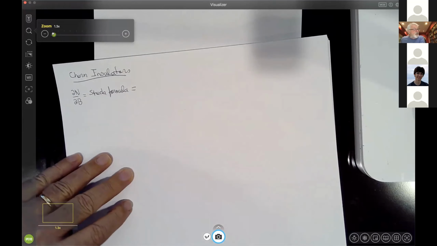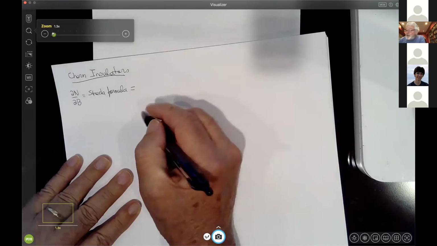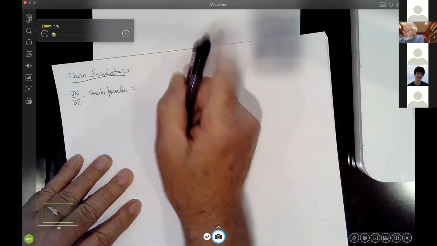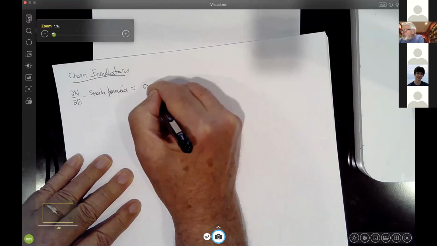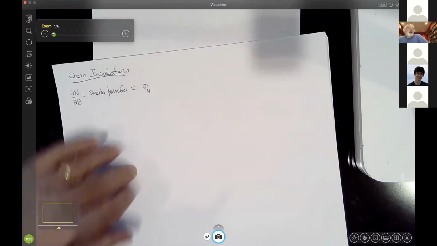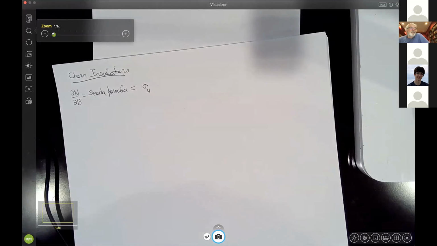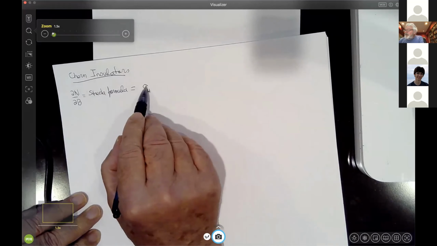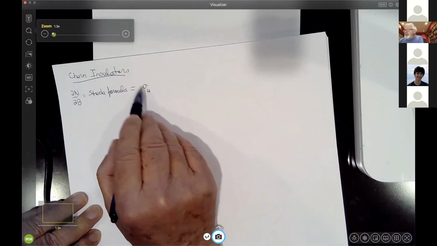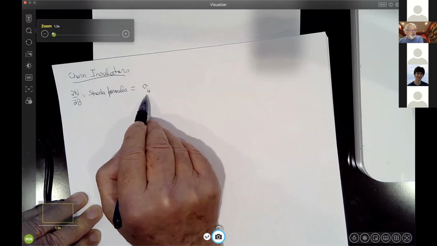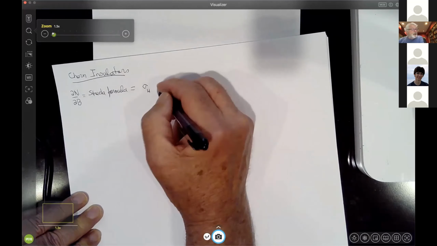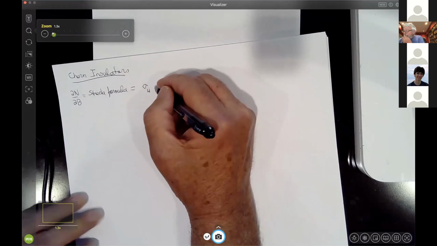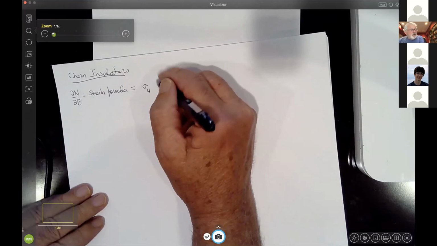So the Streda formula says that when you have a Chern insulator, the electron density below the gap depends on magnetic field, which Leon explained last time. So here I'm writing the Hall conductivity as an integer, Hall conductivity in units of e squared over h. So this is also the total Chern number.